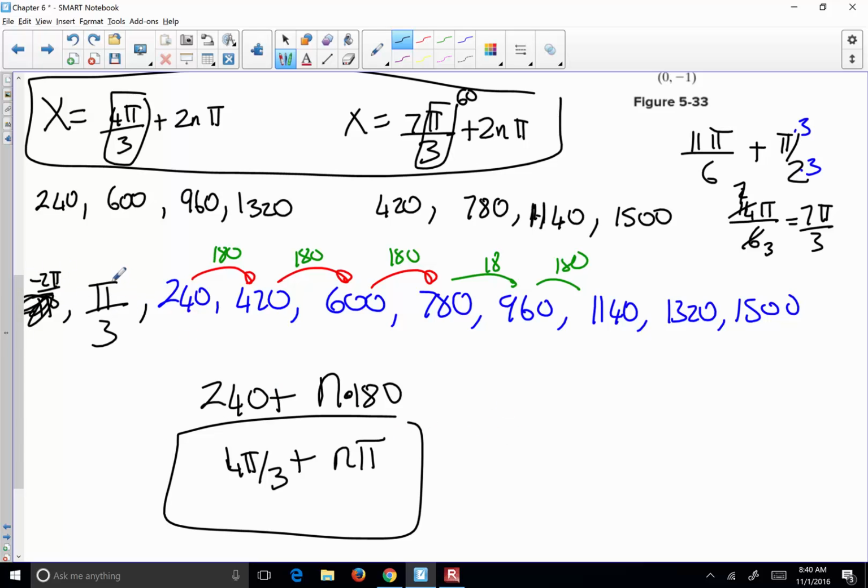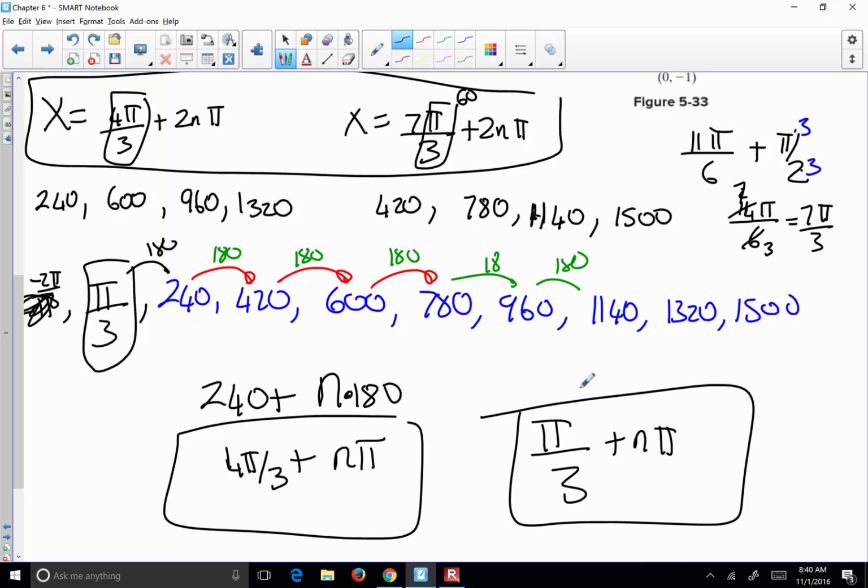You could write your answer as pi over 3 plus n pi. This is also a solution, but we need to go with the minimal value. I think this is what ConnectMath is gonna like. You need to go with the smallest positive starting value, which is this one.